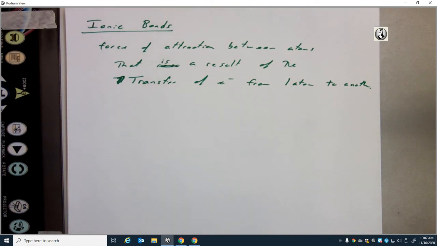Force of attraction between atoms that is a result of the transfer of electrons from one atom to another.